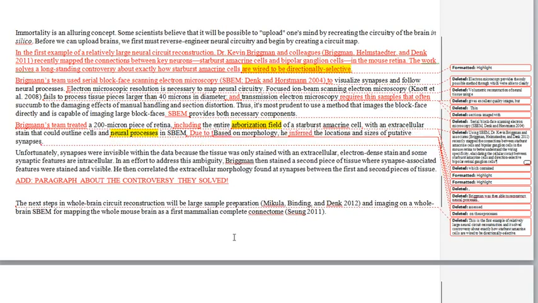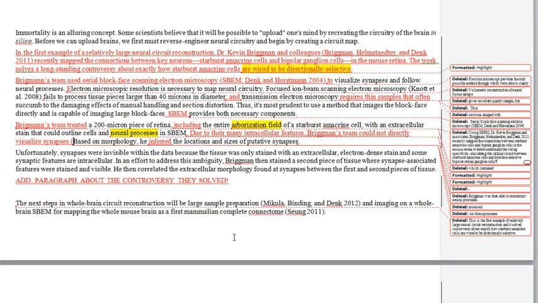So we could add, due to their many intracellular features, I'm just bringing this concept up from below, Brigman's team could not directly visualize synapses. I think that's the idea. So I'm trying to say it just slightly more directly than the author had in the original version.